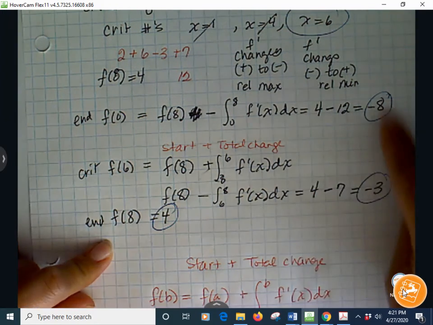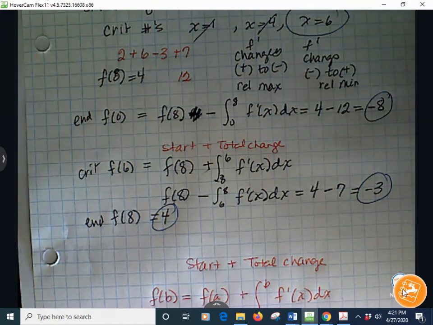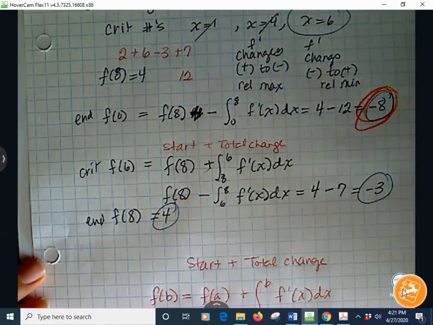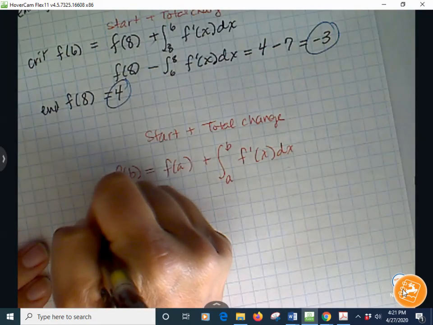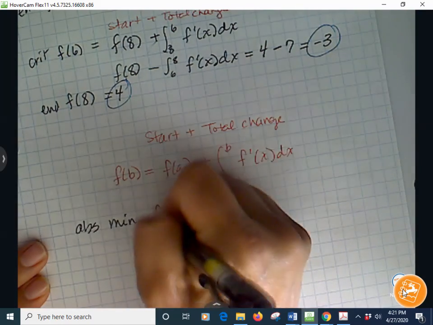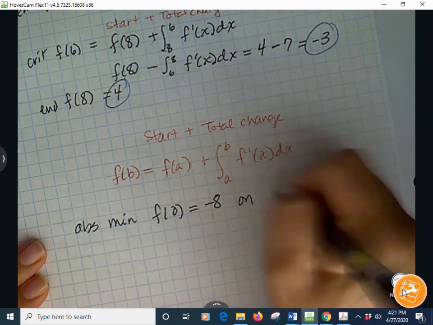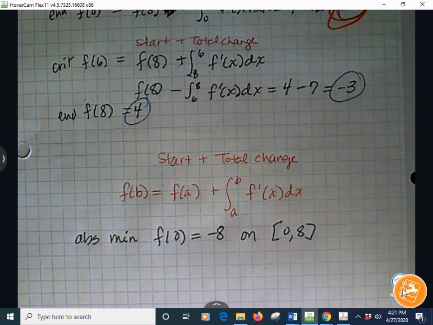And so between all 3 of these y values, the lowest value, the absolute minimum, would be that one right there. And so the absolute minimum value would be f of 0 equal to -8 on the closed interval of 0 to 8. And that's it.